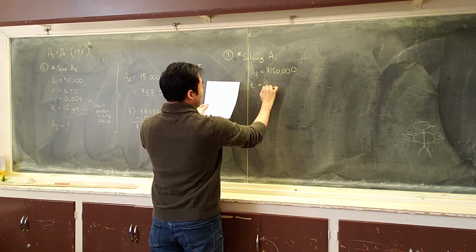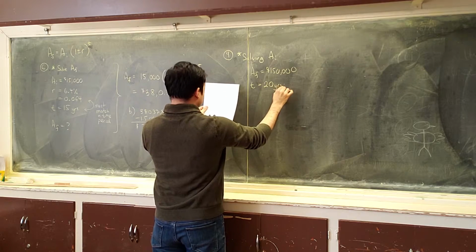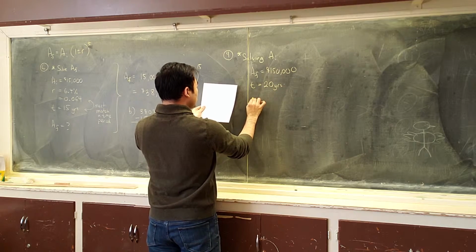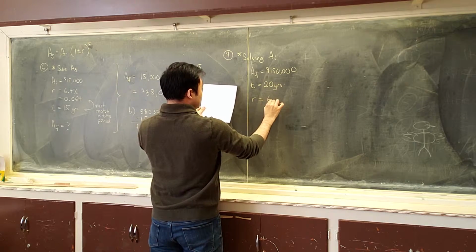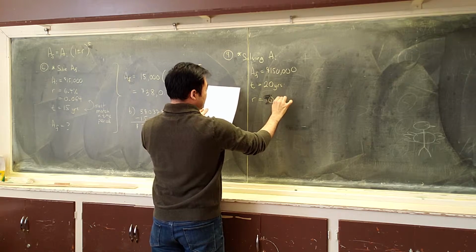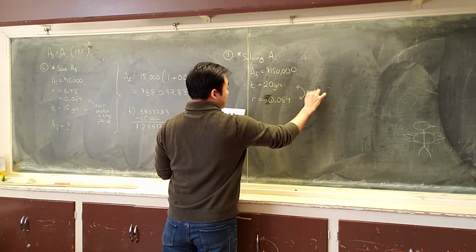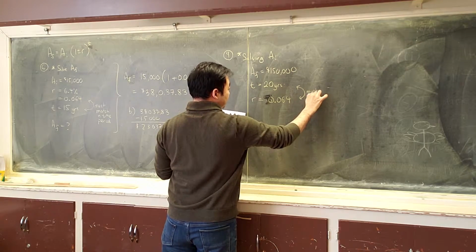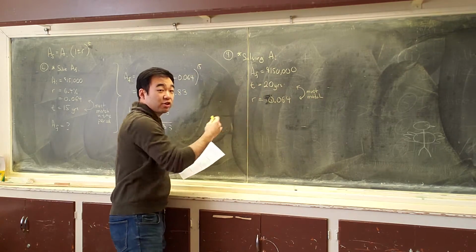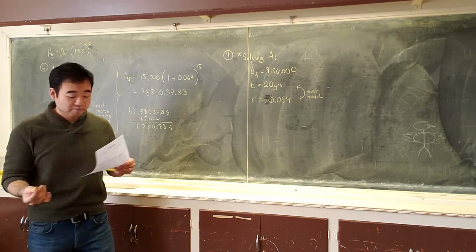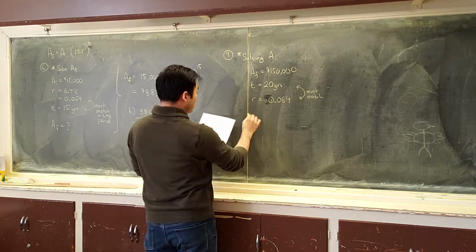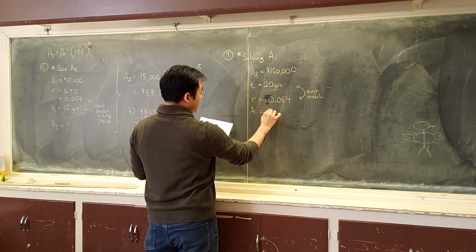They give you the time already. 20 years passed. If the annual interest rate was 6.4%, so I'm going to write it as a decimal. Please note that it is matching. I give you in years, and the percentage is in years. What is the initial value?